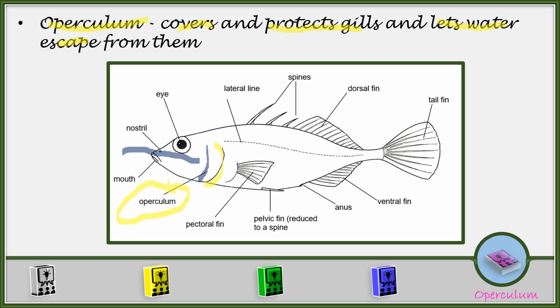When it finds the gills, it will pass through the gills and then come out of the operculum. So the operculum covers and protects the gills and allows water to escape from the gills.